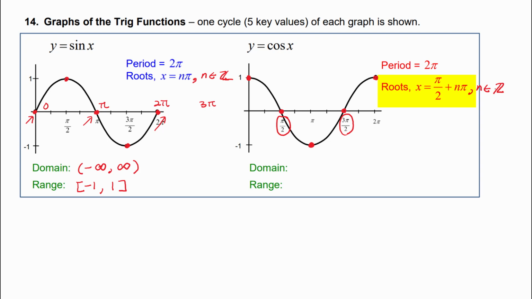So these are the roots of cosine x. Again, the cosine function is also continuous on all real numbers, so the domain is negative infinity to positive infinity. The y values go up and down from negative 1 to positive 1 inclusive. So the range is bracket negative 1 to 1 bracket.